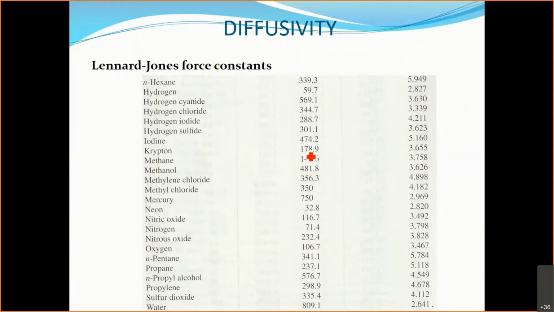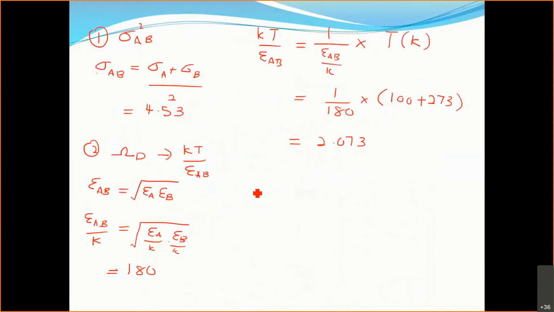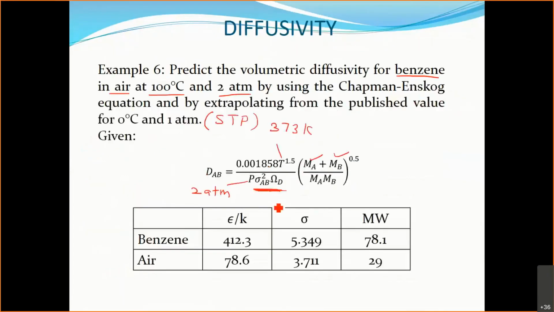Based on this, you should get the value of omega D by using the appendix and by using extrapolation. You can get the value of omega D for this system equal to 1.062. So now you have the value of temperature, pressure, epsilon AB, omega D, and you know MA and MB.